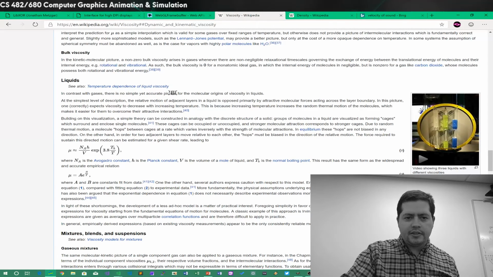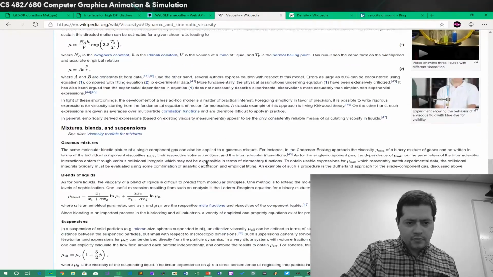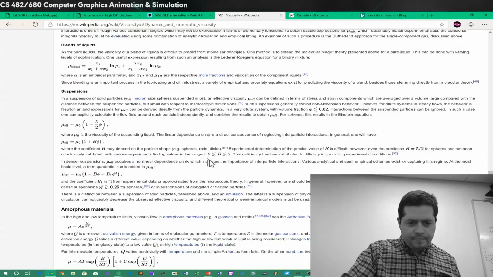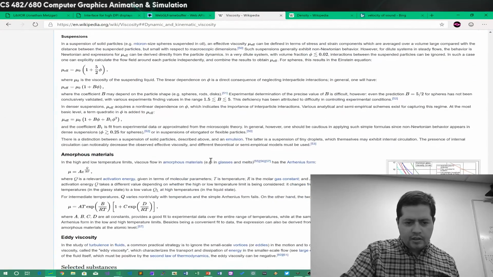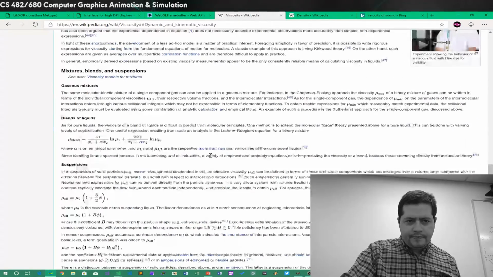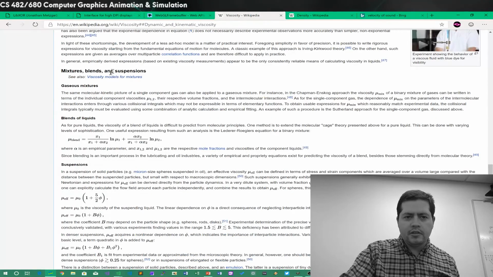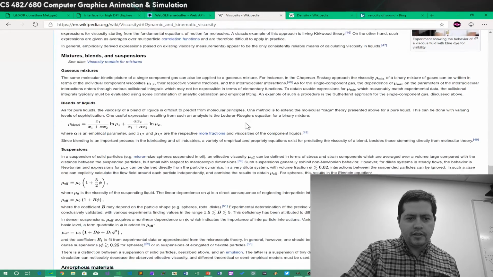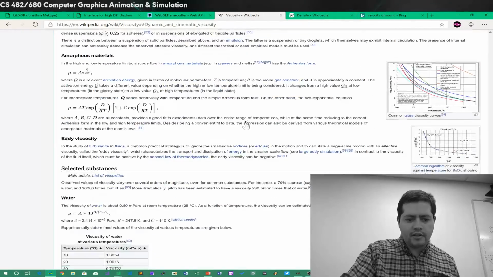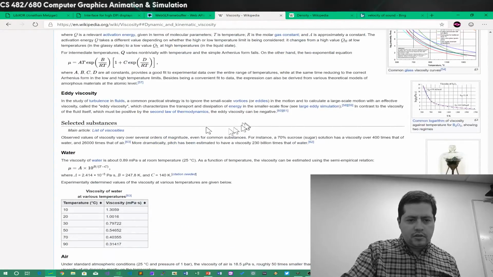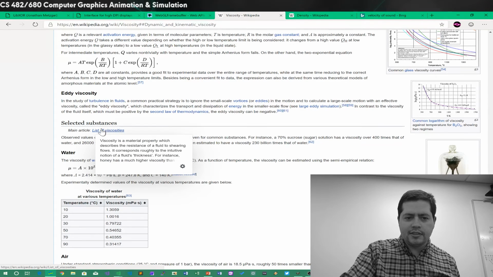In contrast with gases, there's no simple yet accurate picture for the molecular origins of viscosity in liquids. Now, some of this is dynamic, which I think is mu, and then there's the selected substances. Oh, list of viscosities.